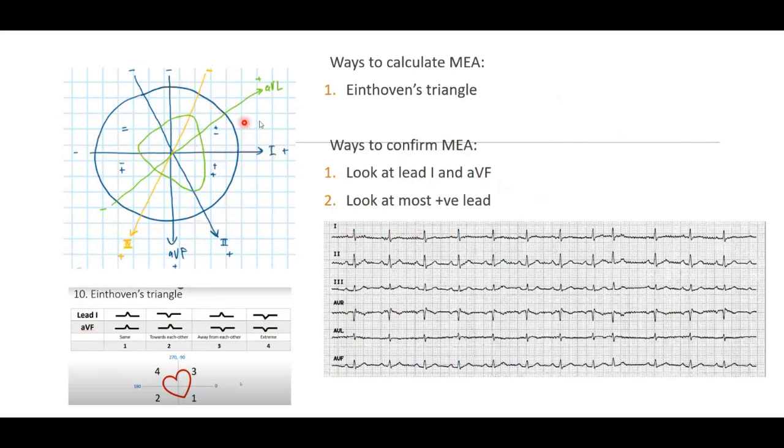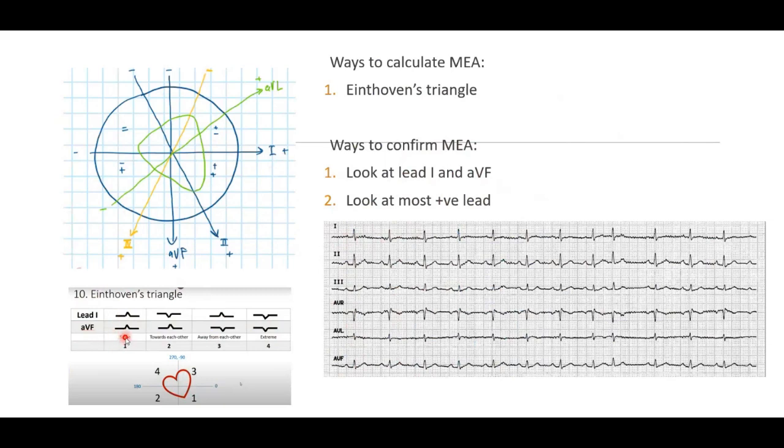That means this side of the vectors is where lead 1 is positive. And if I look at AVF, where it's negative, 0, positive, this side of the graph is positive for AVF. So since my lead 1 is positive, that means somewhere here, and my AVF is also positive, which means somewhere here, the overlapping area is somewhere in this quadrant.